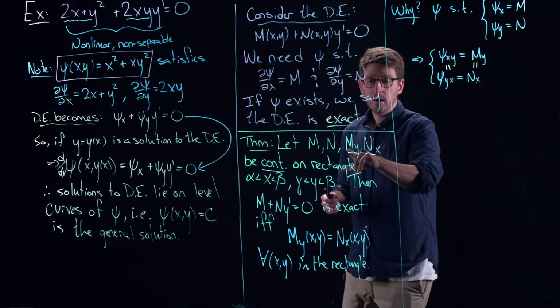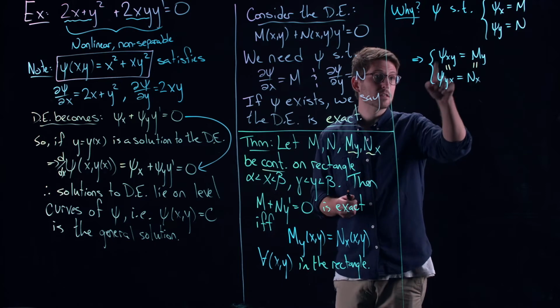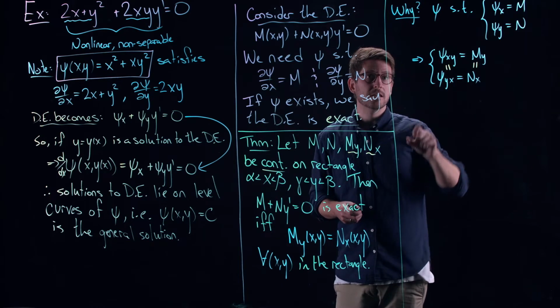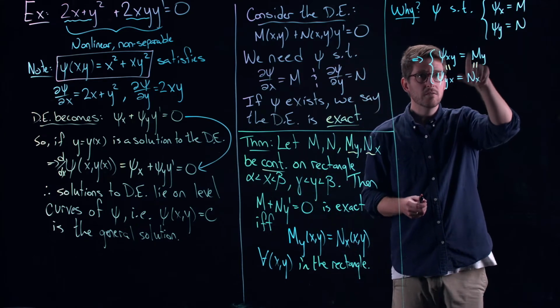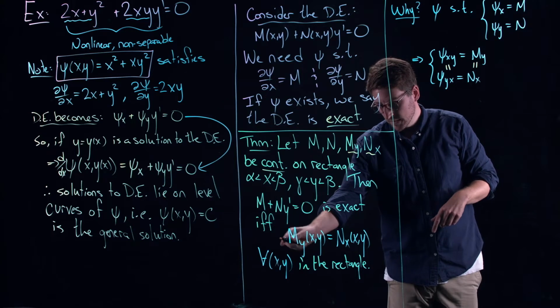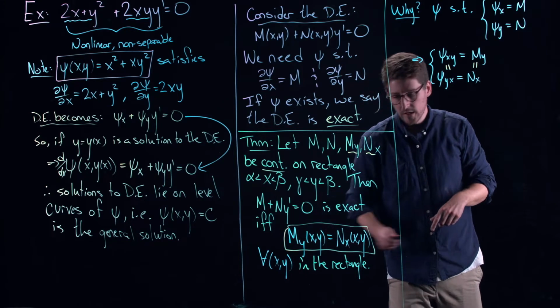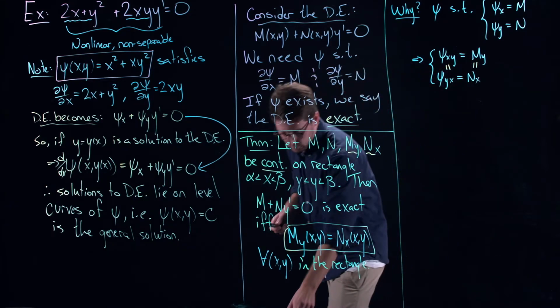But continuity of these two wasn't immediately obvious. The reason for that is so that we can switch the order of partial derivatives and say that in fact these two things are exactly the same, which by transitivity gives us this condition that we needed in order to check whether a differential equation is actually exact.